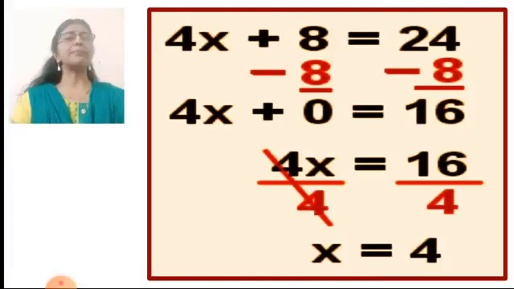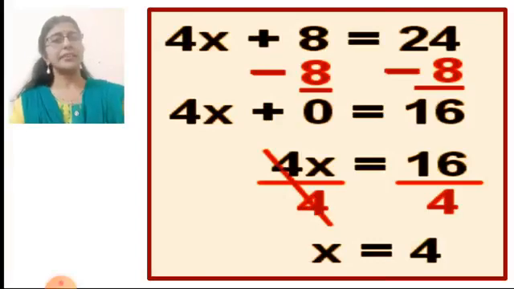Now to get the variable x, we have to divide both sides of the equation by 4. So 4x will be divided by 4 and 16 also will be divided by 4. So 4 upon 4 will become 1x, or you can just write x is equal to 4. This way we learned to solve equations in the last session.